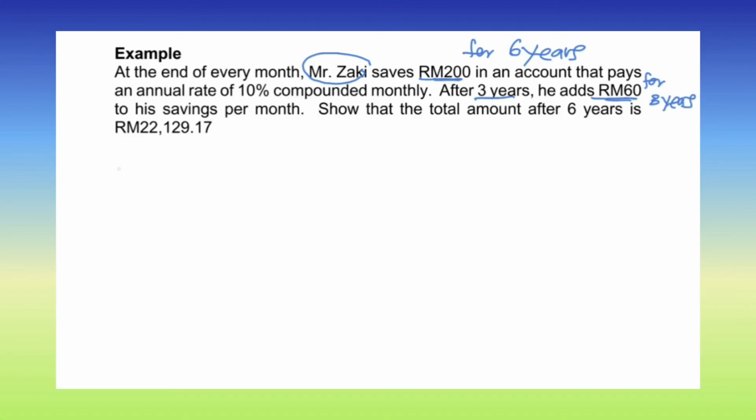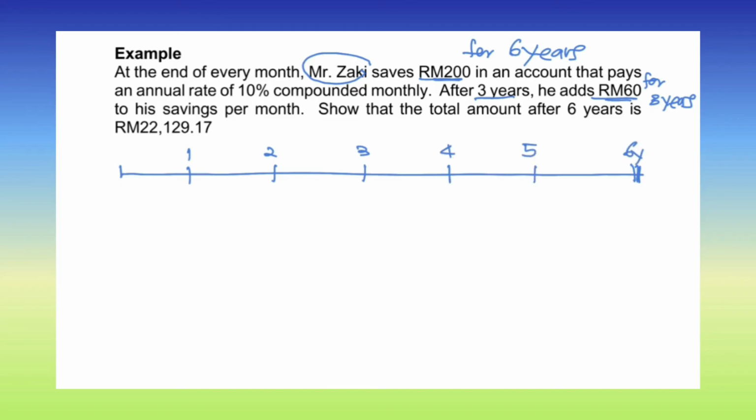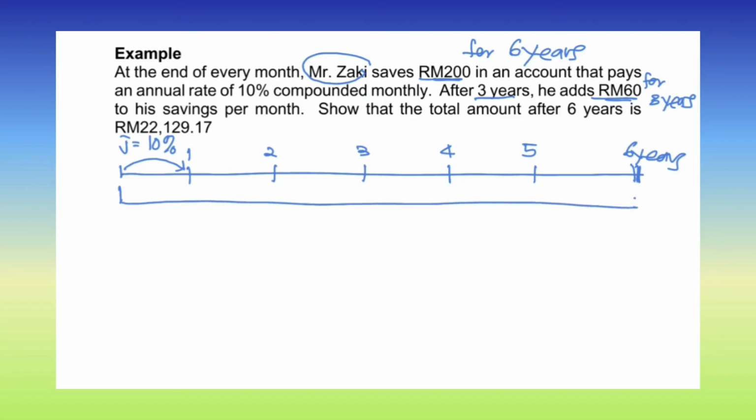Okay, so let us draw a timeline for 6 years. So we have 1, 2, 3, 4, 5, 6 years. The interest rate J equal to 10%. So for 6 years, Mr. Zaki saved 200.